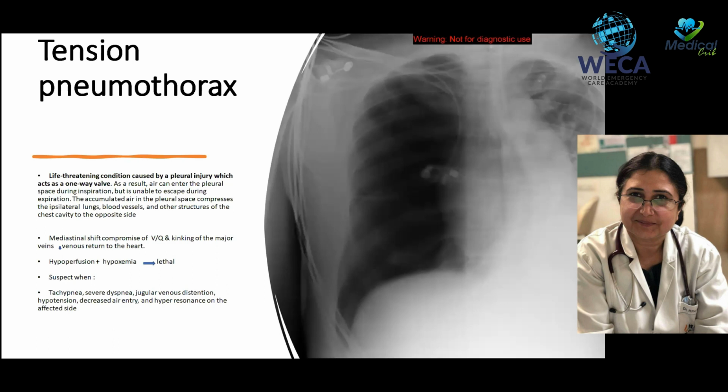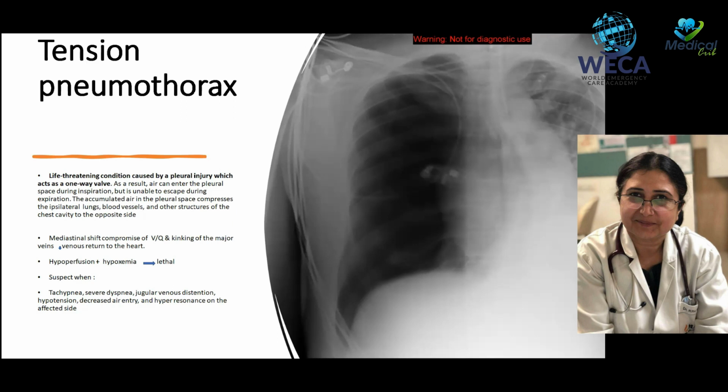Tension pneumothorax is a life-threatening condition caused by a defect in the pleural cavity which acts as a one-way valve. As a result, air can enter the pleural space during inspiration but is unable to escape during expiration.